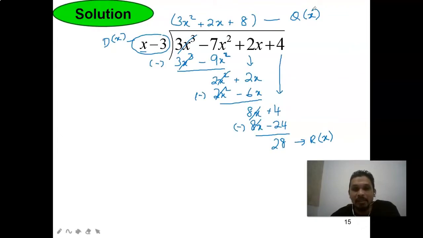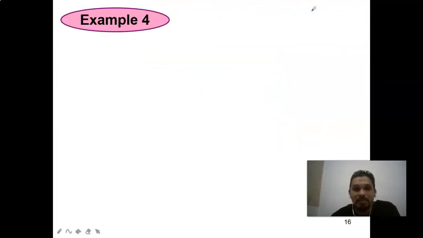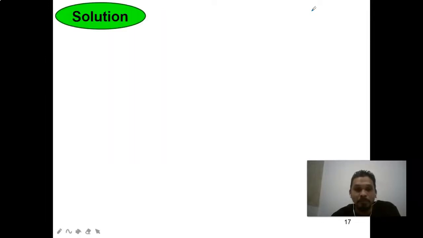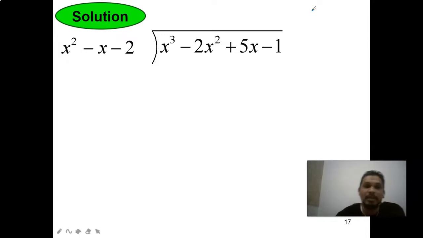As you see here now, example 4: find x cubed minus 2x squared plus 5x minus 1 divided by x squared minus x minus 2. So in this case, slowly, x cubed divided by x squared equal to x.